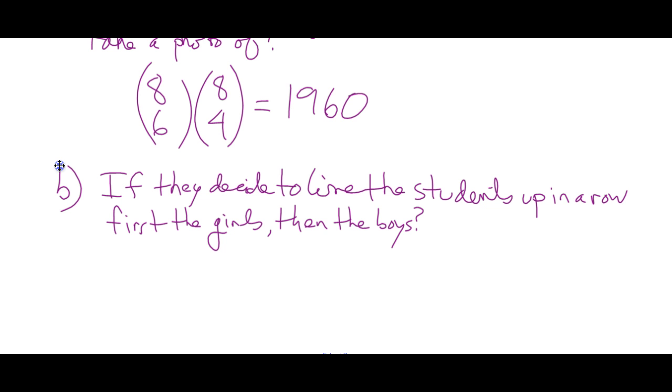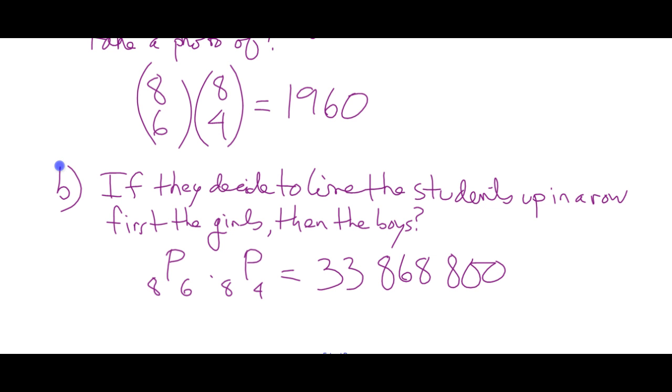Is it a different order if they're lined up differently? Yeah. So now it becomes not a combination, but a permutation. So it becomes 8P6 times 8P4. Is that going to be bigger than 1960 or smaller? Actually, it's bigger, by about 34 million. 33,868,800.